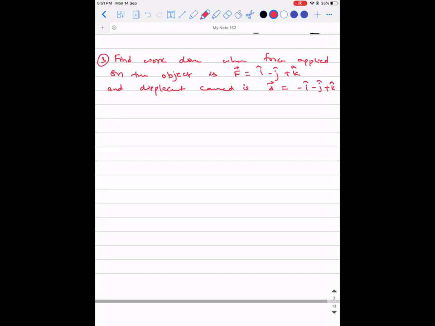Find work done when force applied on the object is F vector equal to I cap minus J cap plus K cap, and displacement is S vector equal to minus I cap minus J cap plus K cap. So how to do? What is the formula for work done?